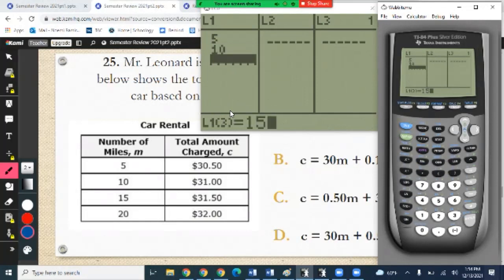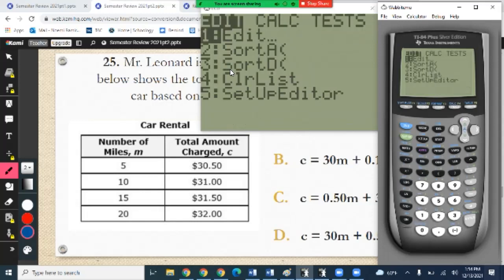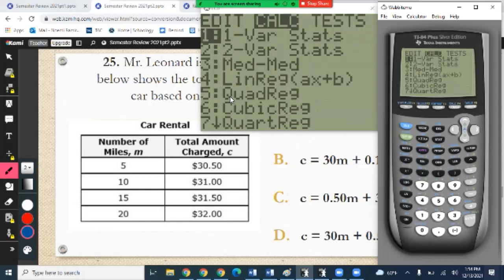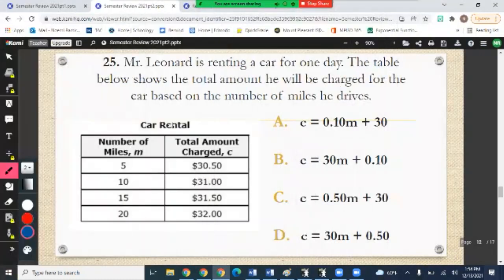Type in the numbers: 10, 15, 20, 30, 50, 31, 31, 50, 32. Once you're done typing those points in, calculate, number 4.